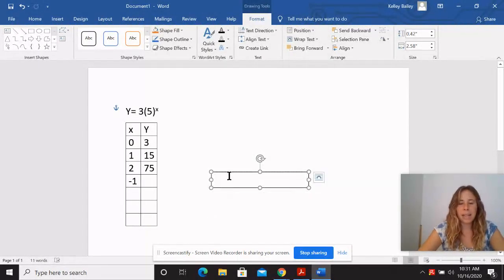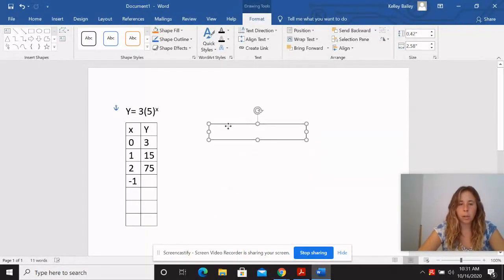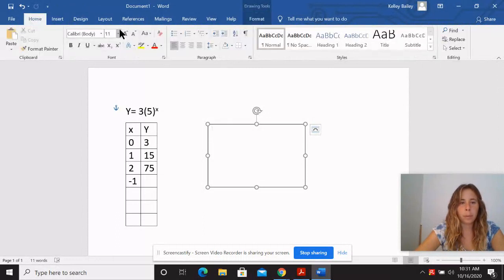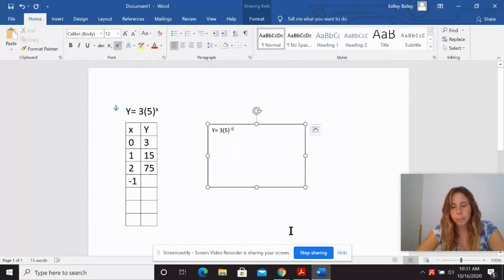So when you have a negative exponent, what do you do? Let's make my writing a little bigger, at least. Okay, so then I have y equals 3 times 5, but I'm raising it to the negative 1 power.